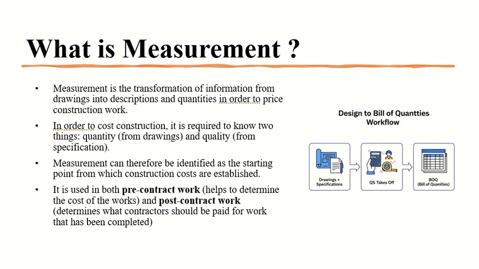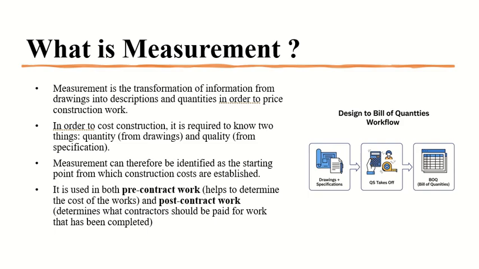You are preparing a bill of quantities, right? So from where will you get the quantities? From drawings. Quantity means measurements, dimensions, so drawings. And quality is specifications. You need both these items when you are calculating the cost, and the first one is from drawings.